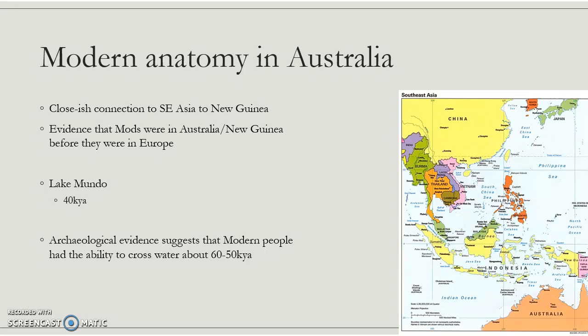Australia is even more extreme. So to get to Australia at all times would have required some form of water travel. So we do see some modern humans in Australia around 40,000 years ago. So that would have taken actual boat type of things, rafts, to get to Australia.